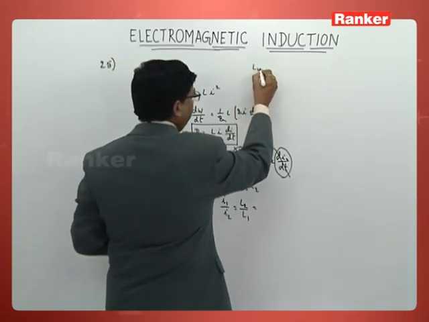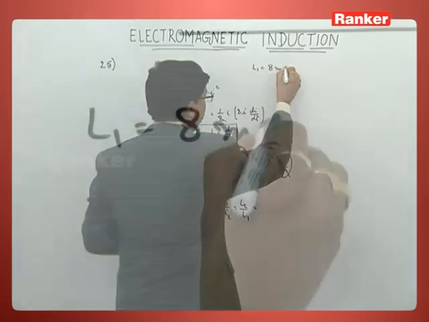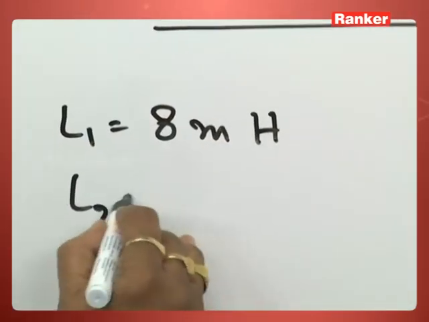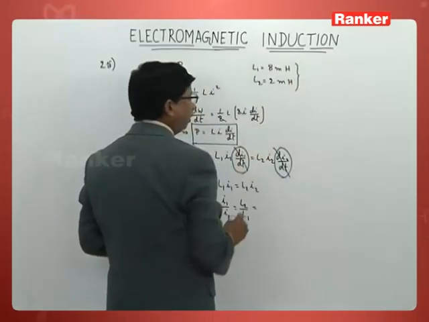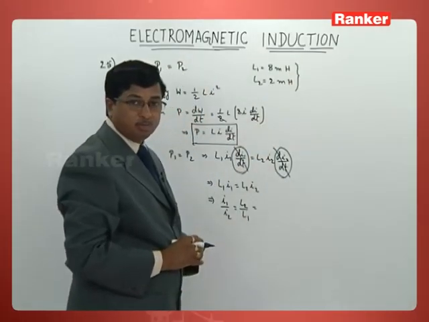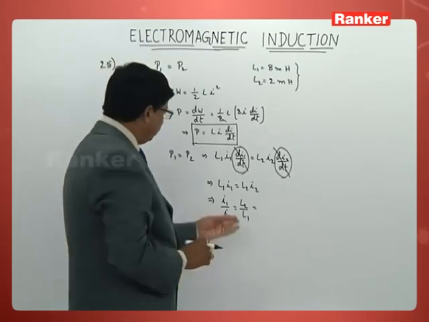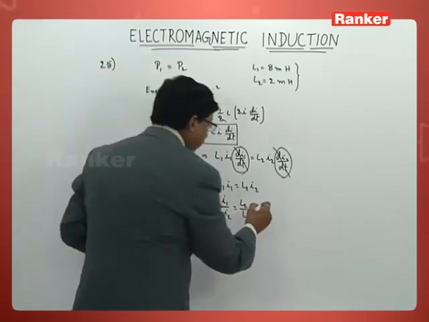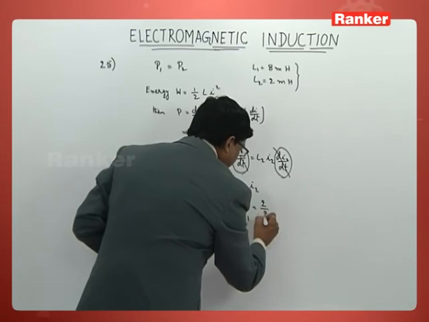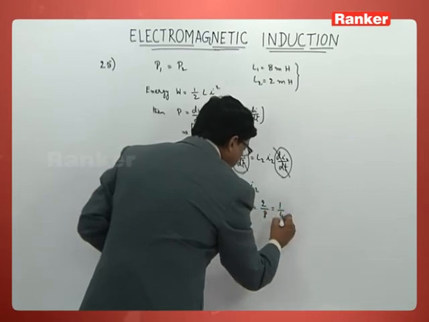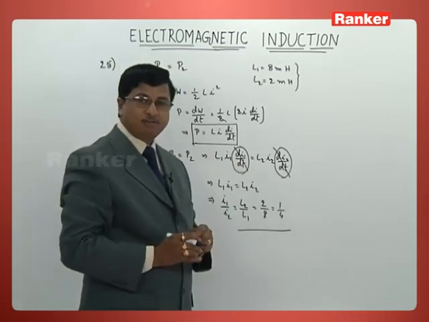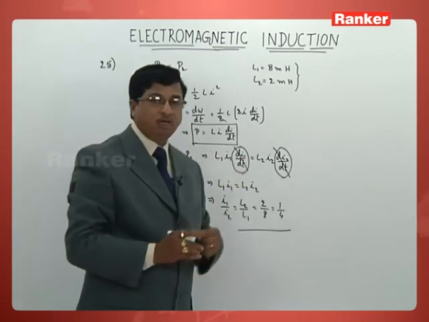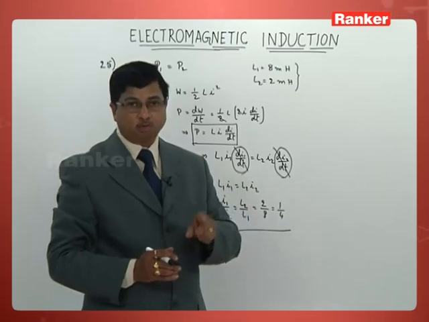These are the values of inductances which have been provided to us. So directly L2 by L1 becomes 2 over 8, that now becomes 1 by 4. So the ratio of currents across those two coils is 1:4.